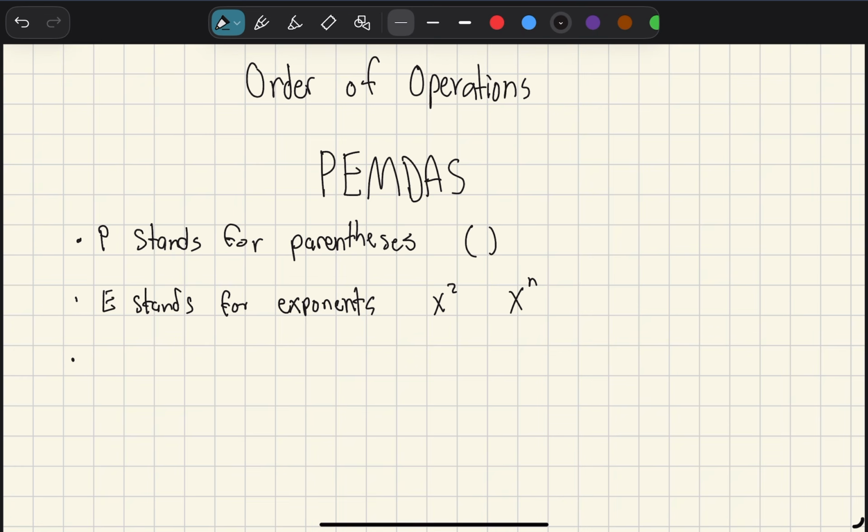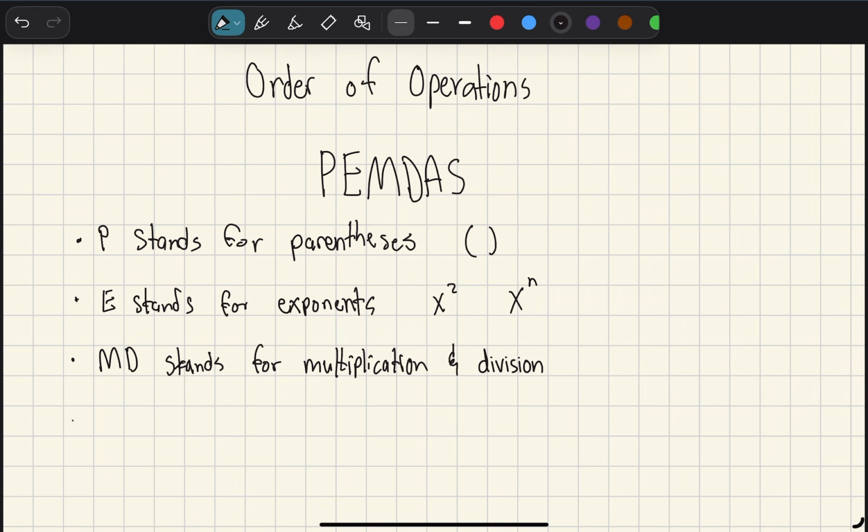The next letters that we need to understand are M and D, which stand for multiplication and division. I think I spelled that wrong. Yeah, okay, so multiplication and division.